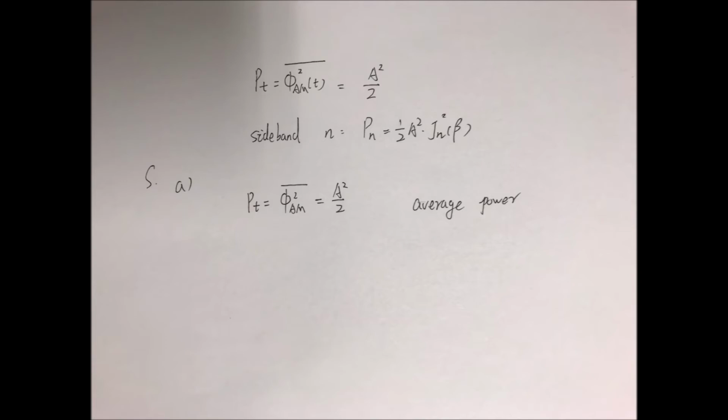Square, right? N beta square. So we are going to use those two equations. For the first one, the average power we know will be this.